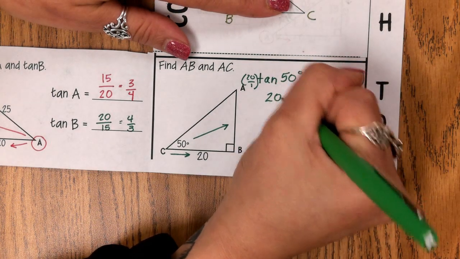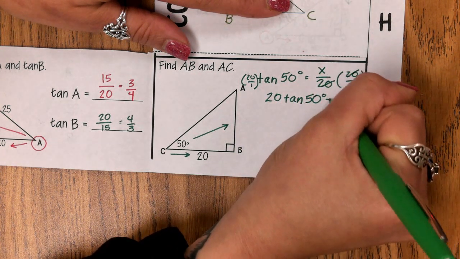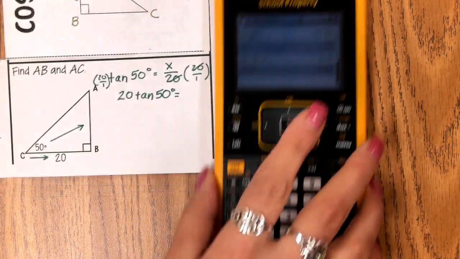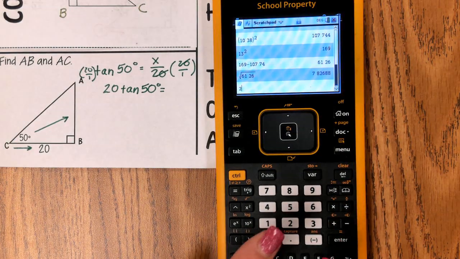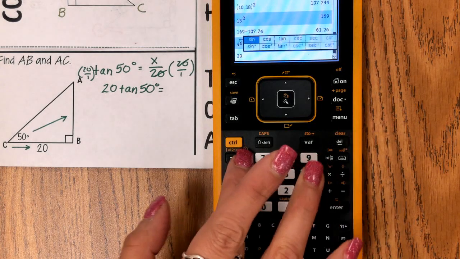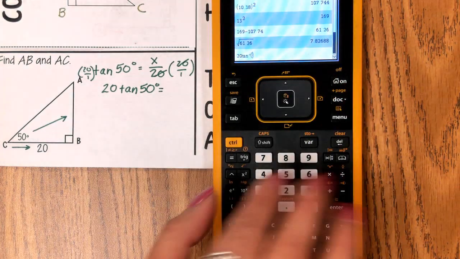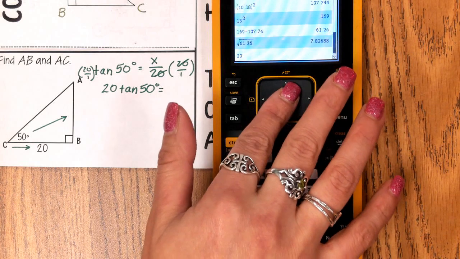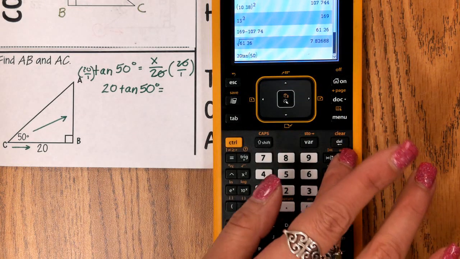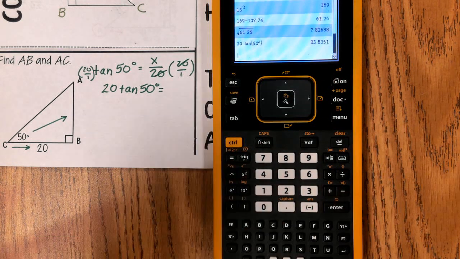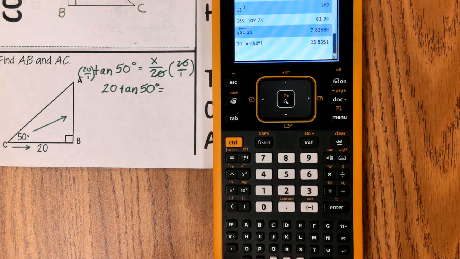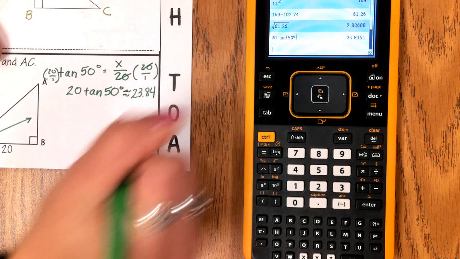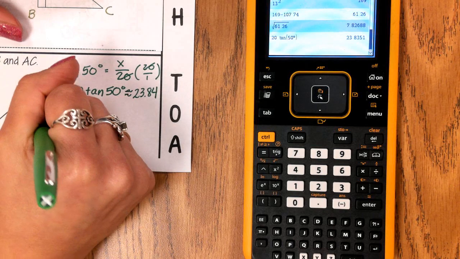So I would do 20 tangent 50 degrees, which should give you about 23.84. So that gives me this side over here.